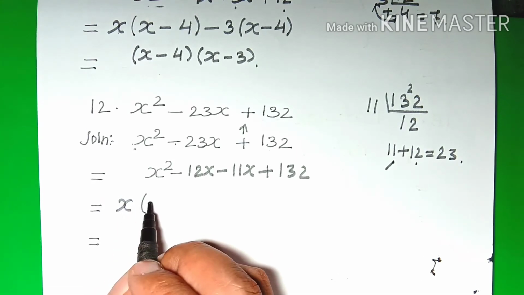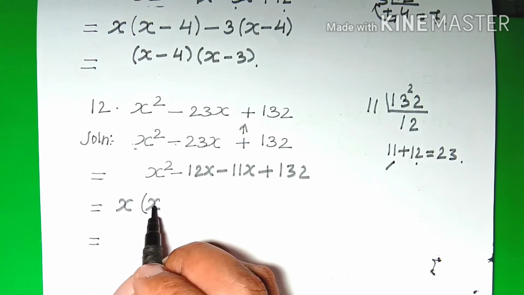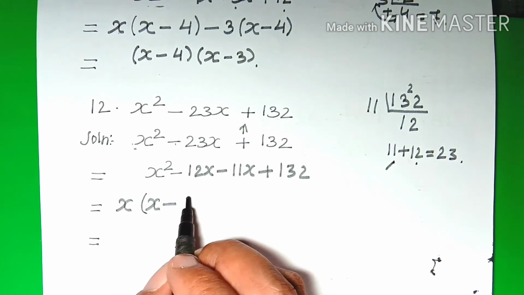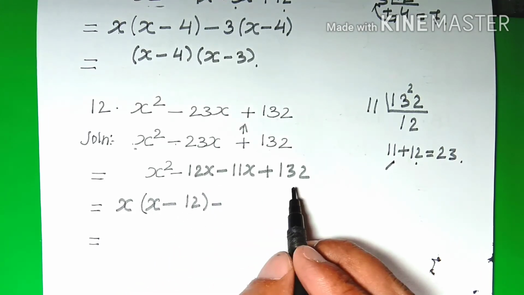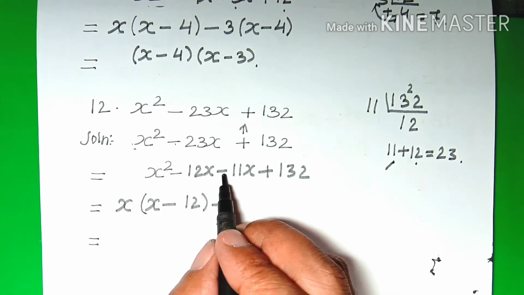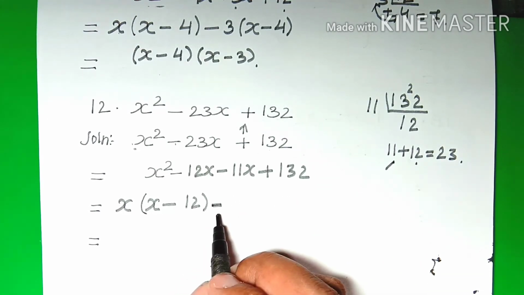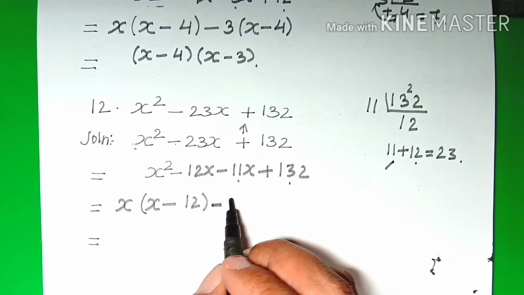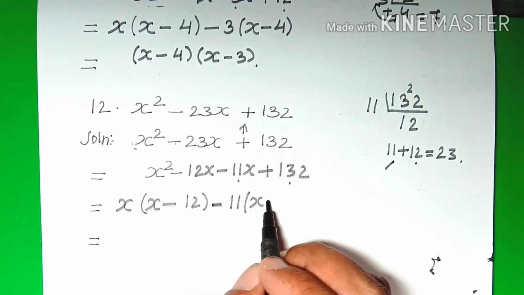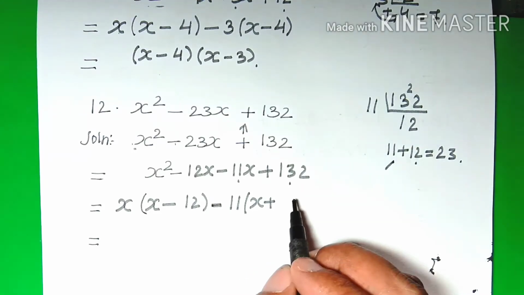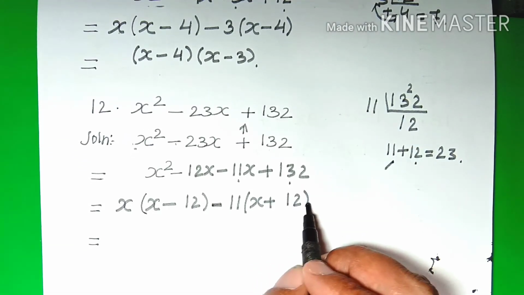So after taking x common, only x will be left. From this term only 12 will be left. Here from the last two terms also you'll have to take common. So the sign as it is you'll have to drop here. Both these values are divisible by 11. So after taking 11 common, x plus we can see clearly 11 into, yes, 12 times.